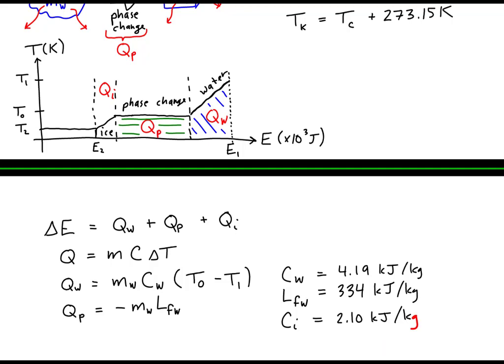We could continue with our problem, recognizing that after the phase change is complete, our liquid water will have been transformed into solid ice. So we have the heat exchanged as the solid ice continues to cool to minus 10 degrees Celsius is equal to the mass of the ice, the specific heat of the ice, times the final temperature of the ice, which we call T2, minus the initial temperature of the ice, which is at the freezing point of water.